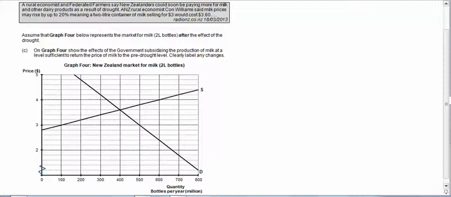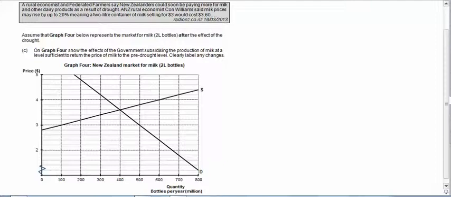And we're asked to draw a subsidy into the graph shown to ensure that milk stays at a $3 price, which is what it was before the potential impact of the drought.